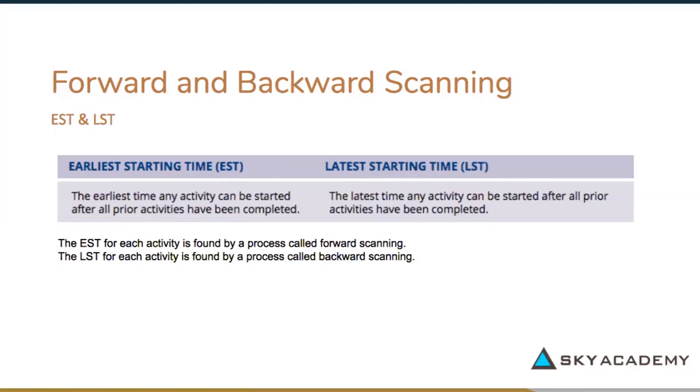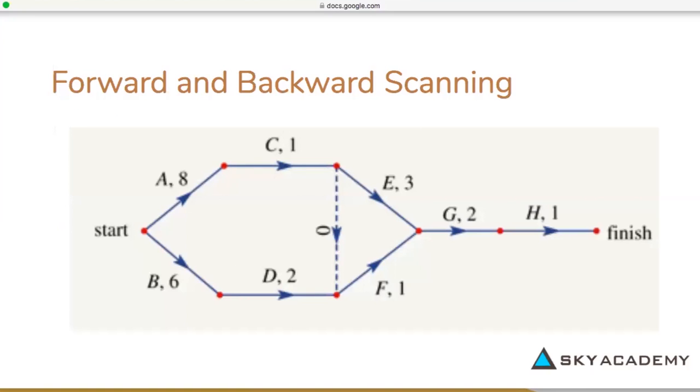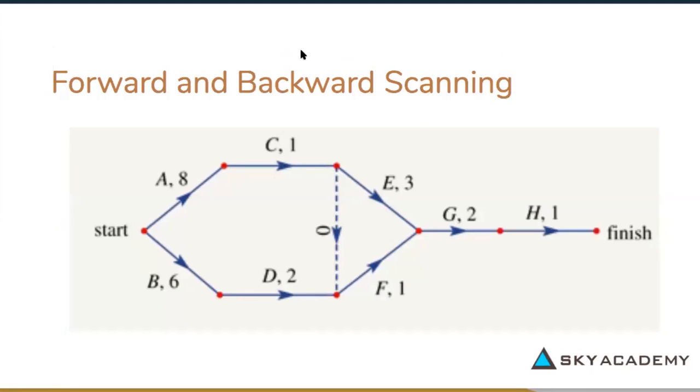Now I'm just going to give a little demonstration on this network diagram of how you find the LST and EST. For each activity, you need to draw a box, and the box is going to have two halves, one for the EST and one for the LST.